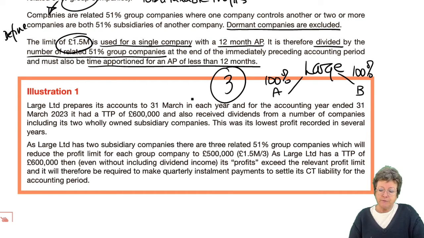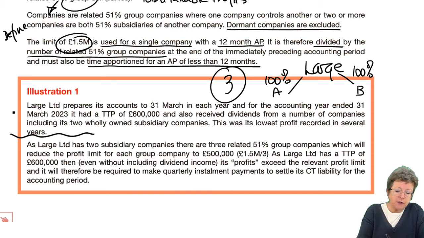Now, it also received dividends from a number of companies, including 2 wholly owned subsidiaries. This was the lowest profit recorded in several years. So that's the question in effect, and this is the answer.